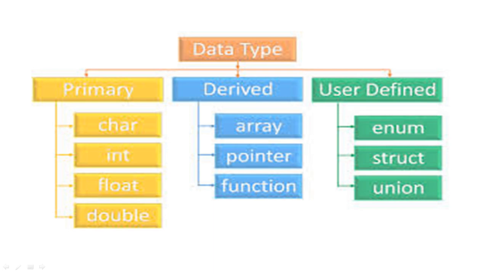Primary, derived, and user defined. Primary is char, int, float, double. And the derived is array, pointer, function.